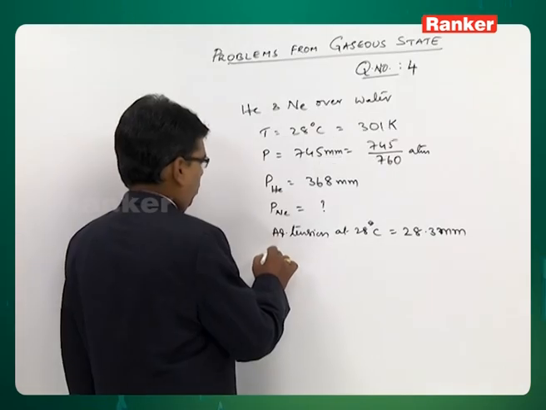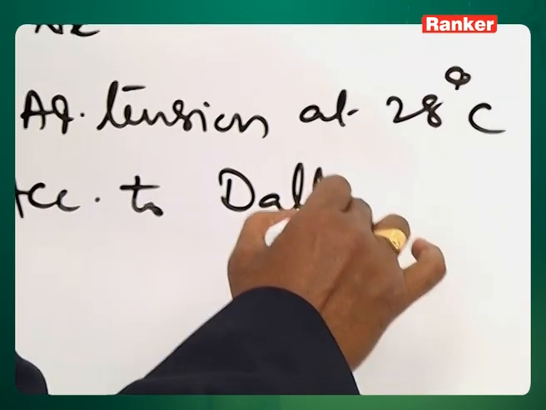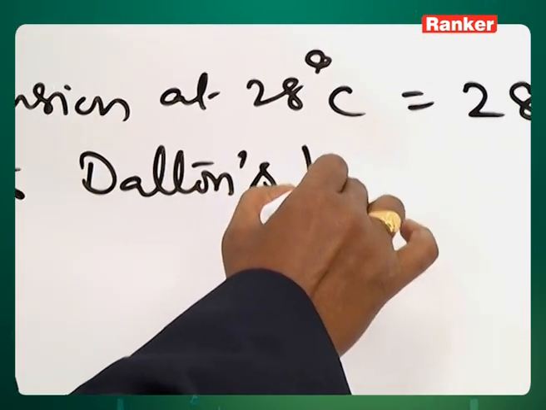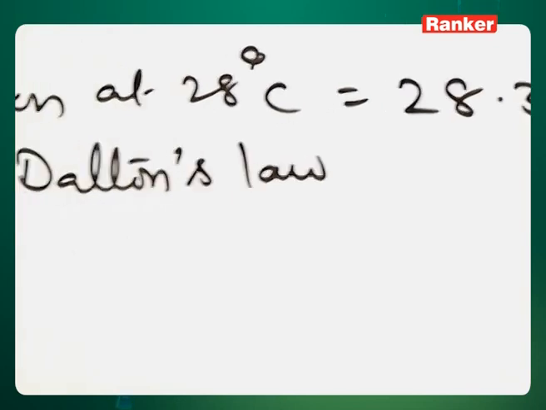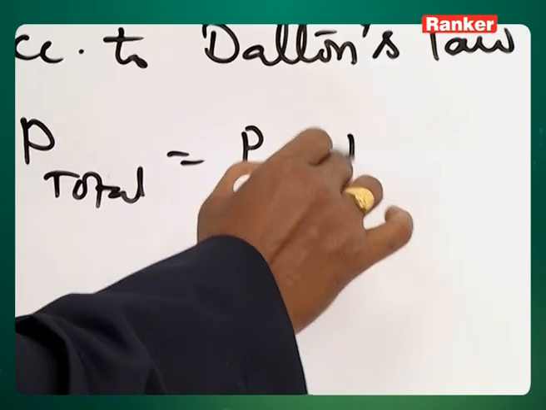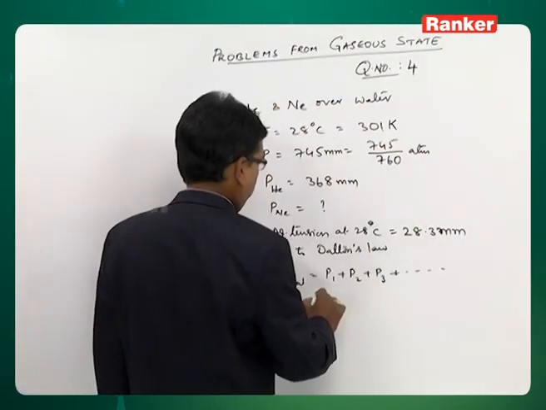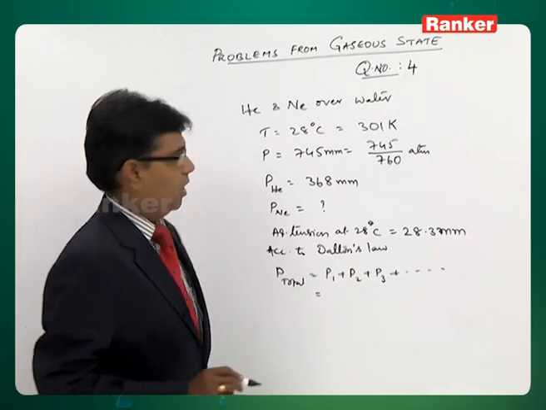According to Dalton's law of partial pressures, P total is equal to P1 plus P2 plus P3, etc. It is the sum of the partial pressures. Here, what are the different gases we have?